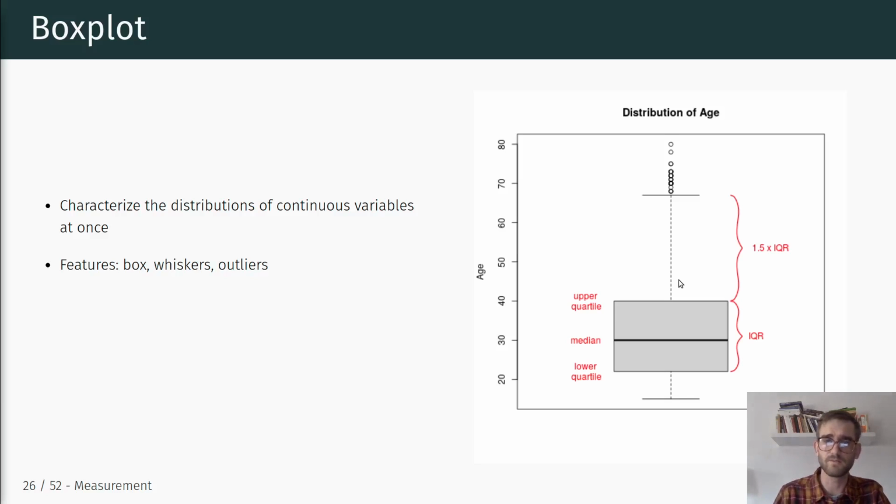I mentioned this in one of the previous videos because that helps us identify outliers. All these individual points that are outside of this whisker, outside of the 1.5 interquartile range from the lower and upper quartile, are classified as potentially outliers. Okay.